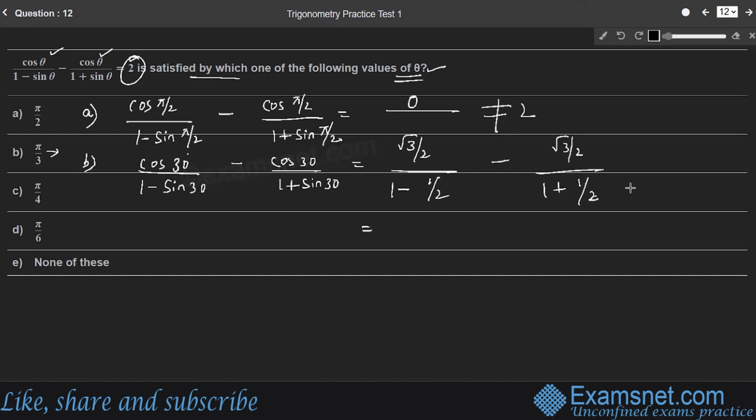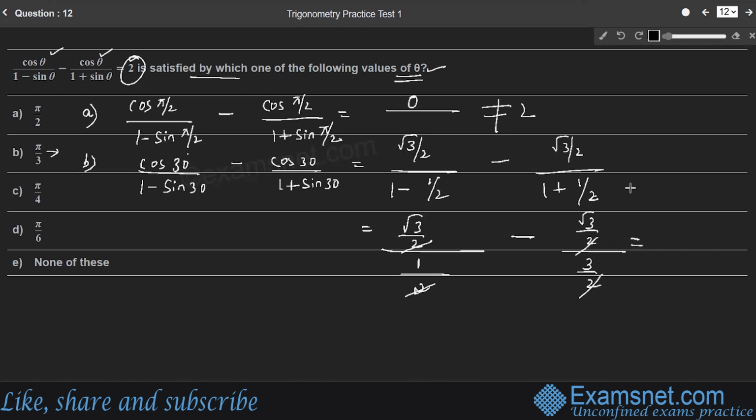Simplify it. So root 3 by 2. Here in the denominator, we have 2 as the denominator and the numerator of the denominator becomes 1, right? So we can cancel 2 and 2. And in the next term, we have root 3 by 2 and the denominator becomes 3 by 2, so we can cancel 2 and 2.